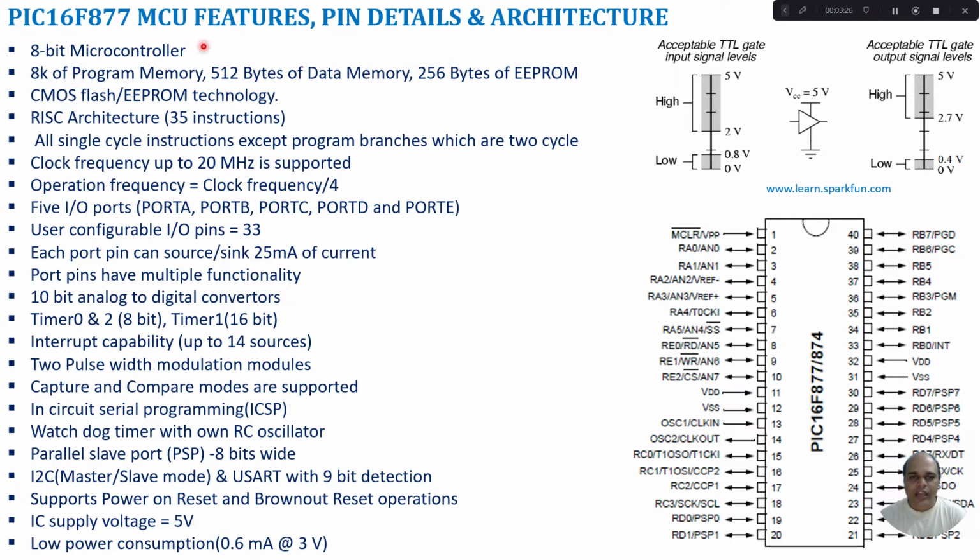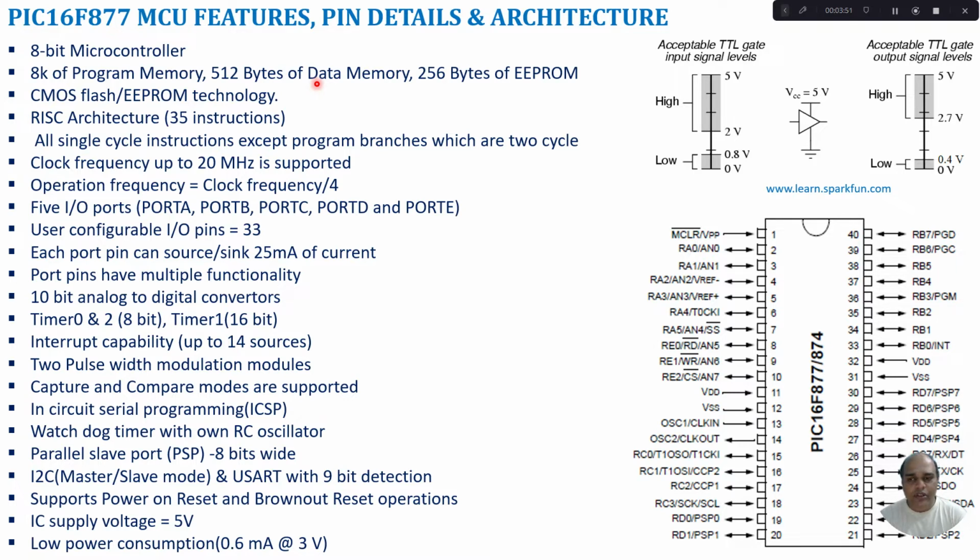It also has 512 bytes of data memory where we store the data. Out of these 512 bytes, 368 bytes are used for normal data operation. The remaining 146 bytes are used for special function registers, because we have many peripherals in this microcontroller.